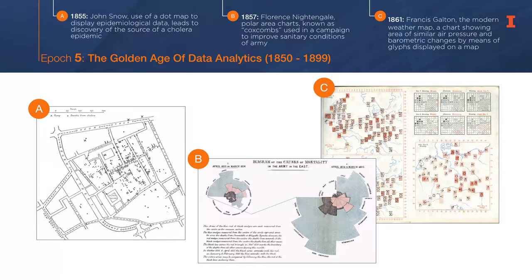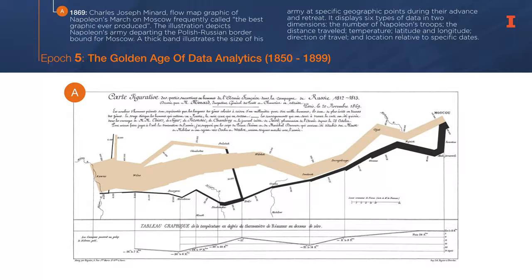data analytics. There were some tremendously important visuals constructed at this time, from John Snow's use of a dot map to examine cholera and really change the way that we as humans think about disease epidemiology and how diseases are transferred, to what could be the most beautiful and important data visualization of all time, which is Charles Joseph Minard's story of Napoleon's triumphant march from Paris to Moscow and back again.